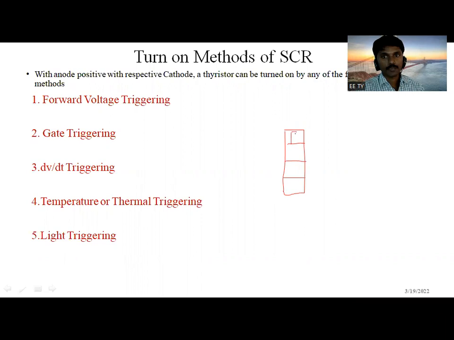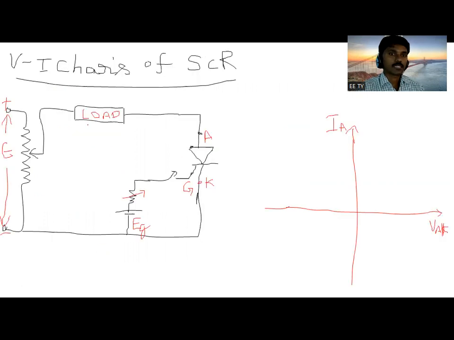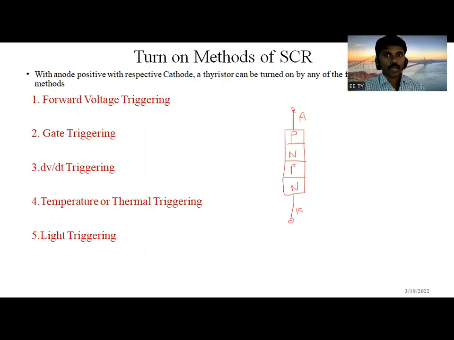P N P N. So this is the cathode, and this is the anode. So to operate the SCR in reverse blocking mode, anode should be connected to the negative and cathode should be connected to the positive.